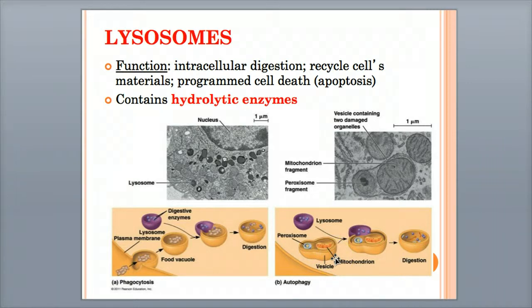So I don't know how to explain this even more easily, but like phagocytosis, like I'm trying to eat food, which is a normal process. Autophagy, like the prefix auto, meaning it's trying to eat itself. Like there's things that it doesn't like, there's things that are bad, there's things that are dying in the cell. So the lysosome eats its own body parts because it's not useful anymore. So that's a lysosome.